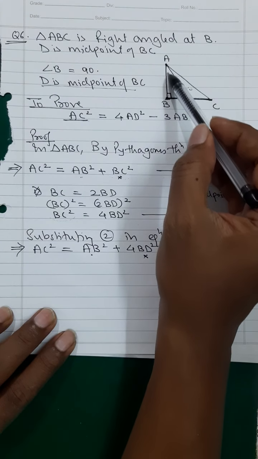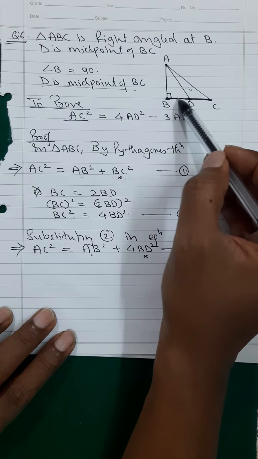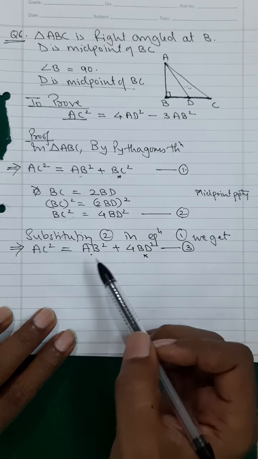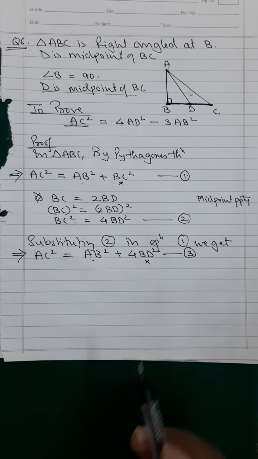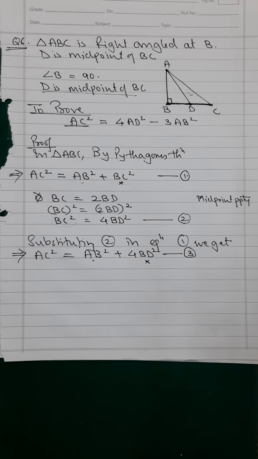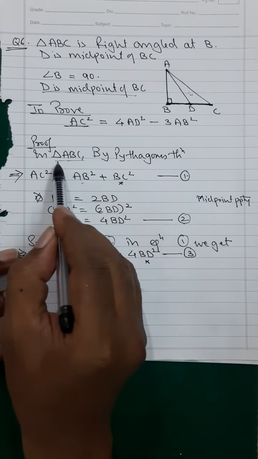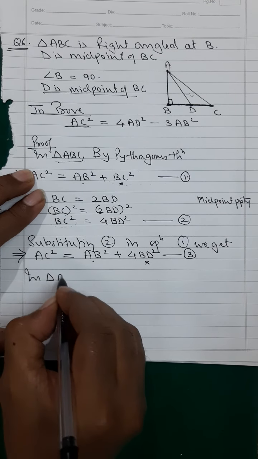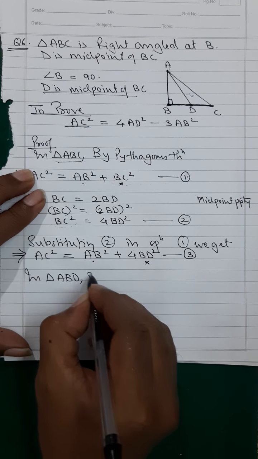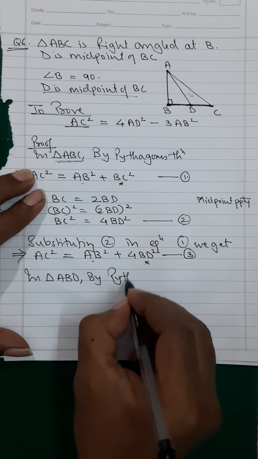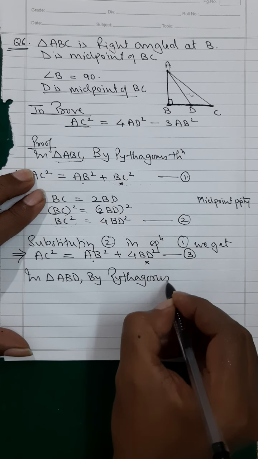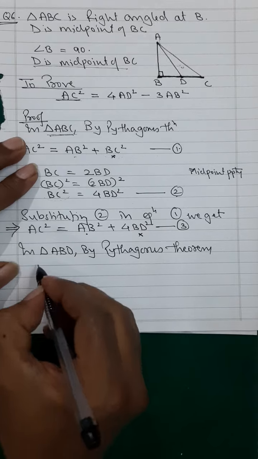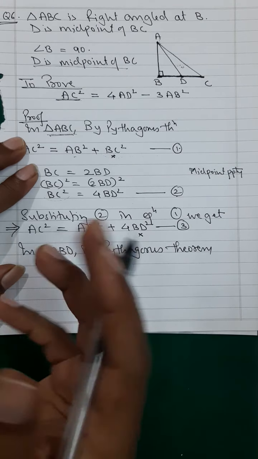Now I come to know that in triangle ABD, if I apply Pythagoras theorem, I will be able to get BD square, right? Triangle ABD I can apply Pythagoras theorem because I have not applied it in ABD. I have applied Pythagoras theorem in triangle ABC, not ABD. So now in triangle ABD by Pythagoras theorem, you should be able to visualize it.